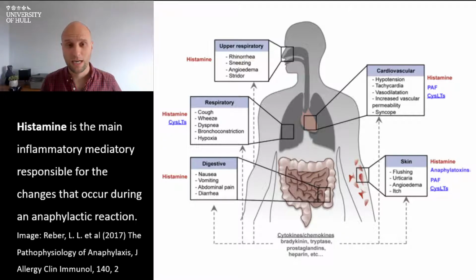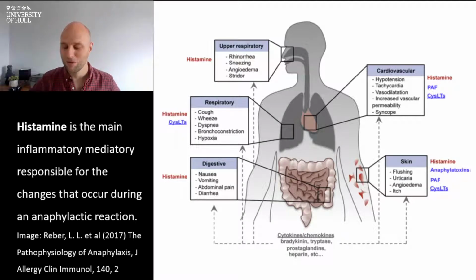There are others, and this very helpful diagram from Reber et al., I hope I pronounced that correctly, points out all the different systems and manifestations of an allergic response. Many of these, as you can see, are histamine related, although you can see the blue there marks out cysLTs, which is shorthand for the leukotrienes, another mediator.